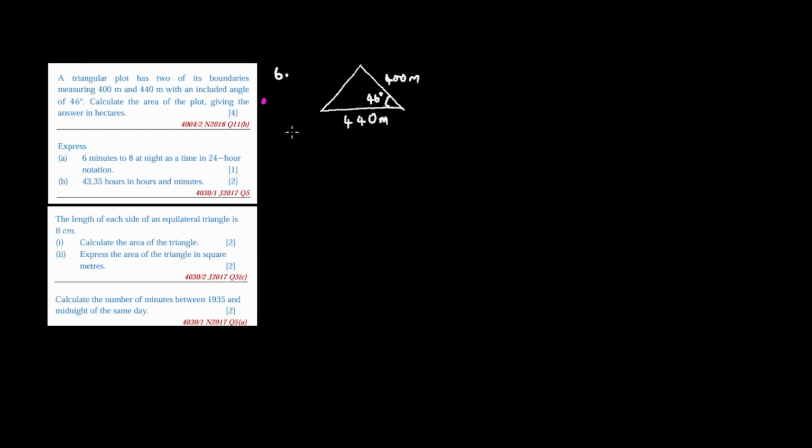That's the first instruction. So the area of the plot, which is in essence the area of this triangle, is equal to half of what? AB sine theta. This is the formula we use to find the area of a triangle when we are not given a perpendicular height.